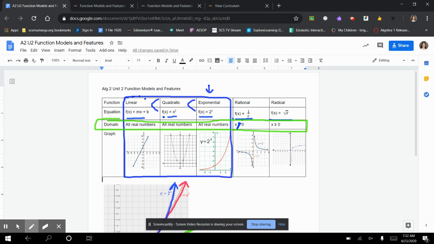I'll give you a hint. We're looking at our radicals because we're looking for our value to be greater than a certain number. Whenever you start adding or subtracting things inside that radical, that is when you start moving things left and right, and this starts being greater than or equal to a certain number instead of 0.